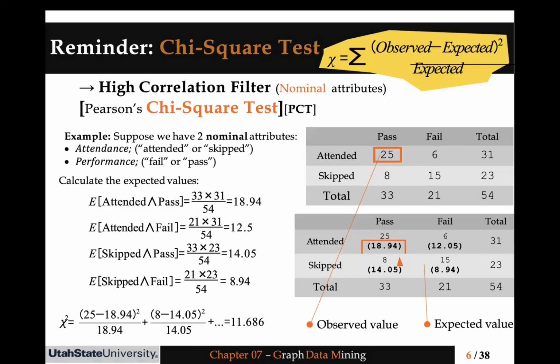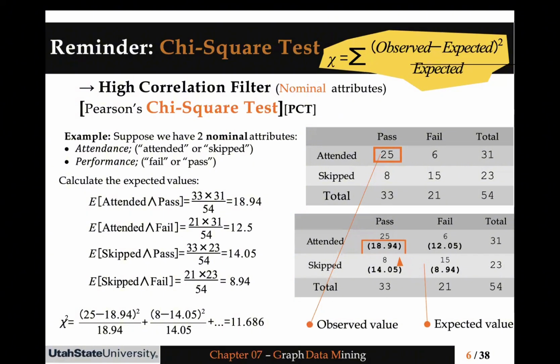All this is to say that we should probably reject the null hypothesis and rule out randomness. Why is that? Because the actual values are greater than the expected, which are the ones that would occur at random, given just the totals of the rows and the totals of the columns that we have here.